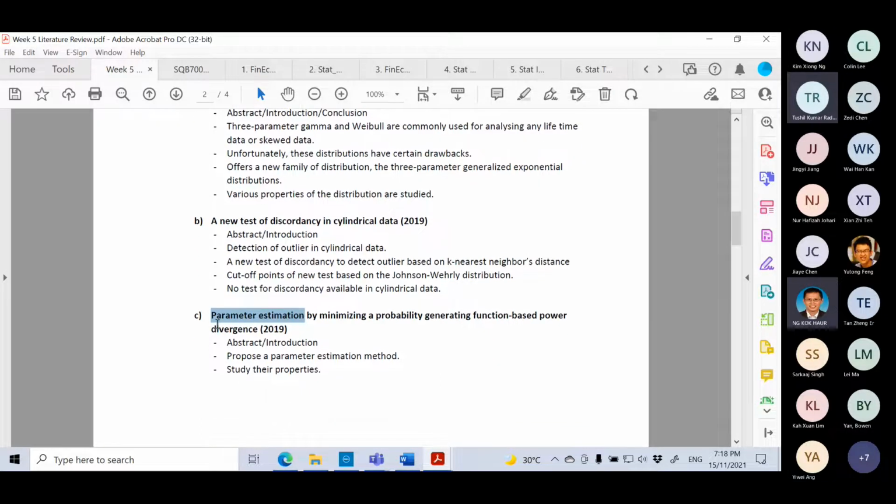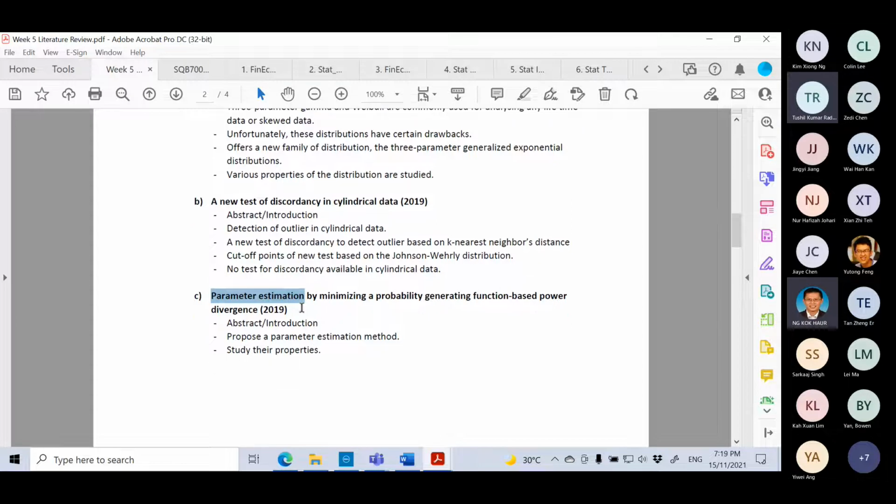In this research paper, they propose a new estimation technique. Then once they propose a new technique, they need to derive its properties. Of course, they also need to study how good their estimation technique is compared to the existing techniques. So this is basically about this paper.